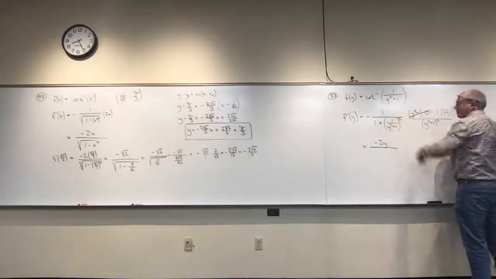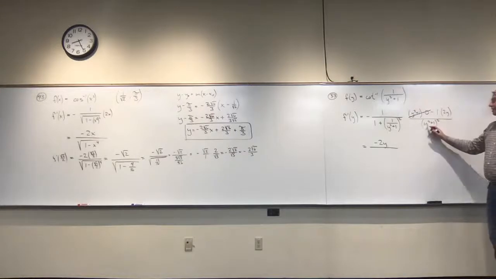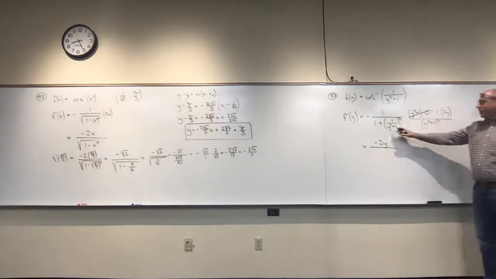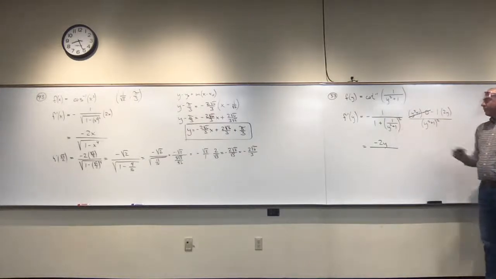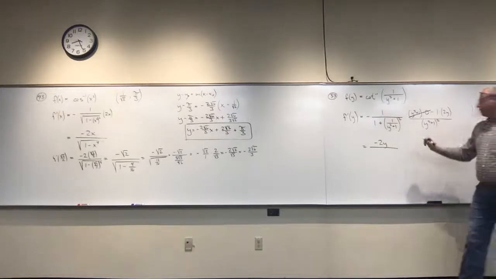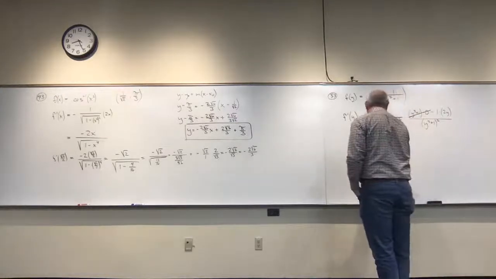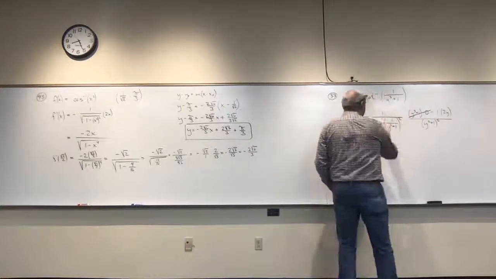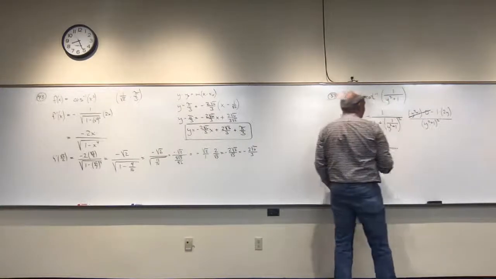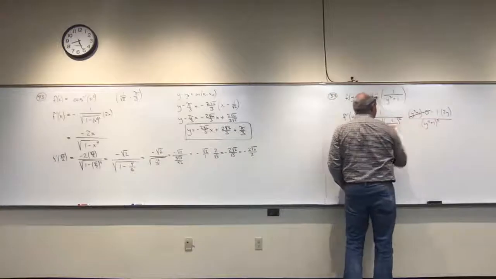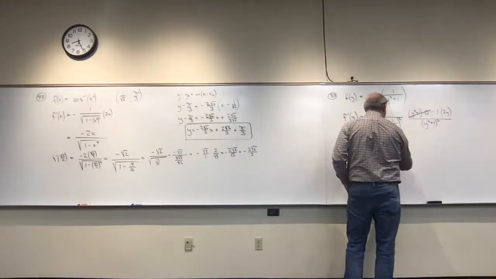And nice things will happen with the second one, because I'll have a y squared plus 1 squared on top and a y squared plus 1 squared on the bottom. So they'll cancel. So when I multiply, I get a y squared plus 1 squared plus the y squared plus 1 squareds cancel, and I just get 1 squared or just 1.